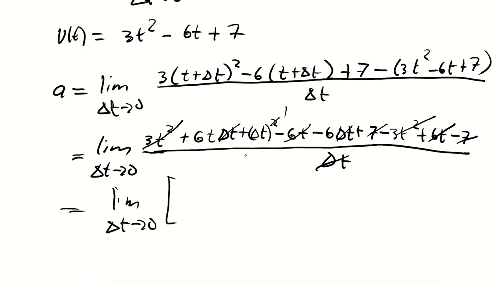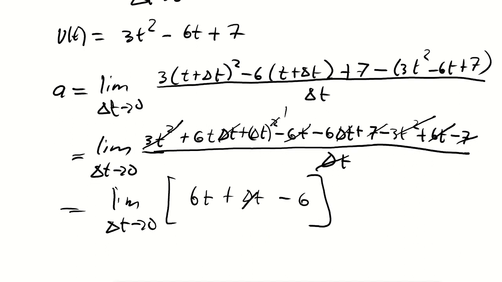So what will be the remaining term? 6t plus delta t minus 6 delta t squared. 1. Okay. Then apply. We can now apply the limit. What will be the limit?